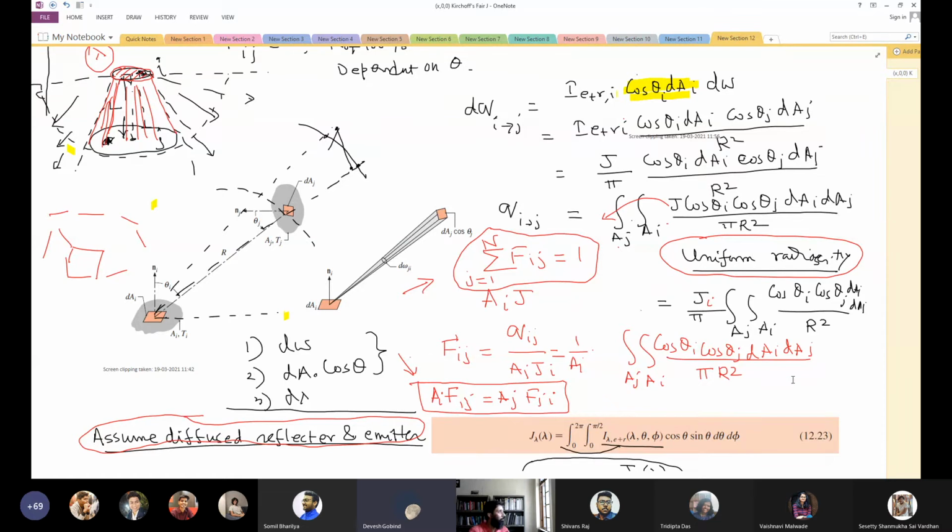Sir, in this question, wouldn't we need the radius of the two rods, Li and Lj? No, these are not rods. These are just two lines.